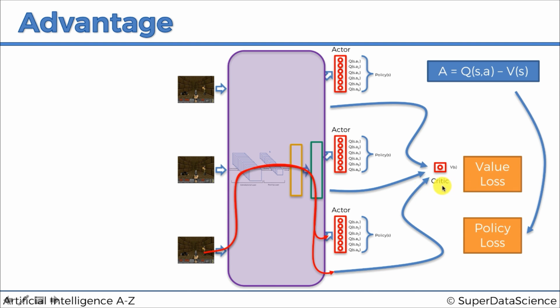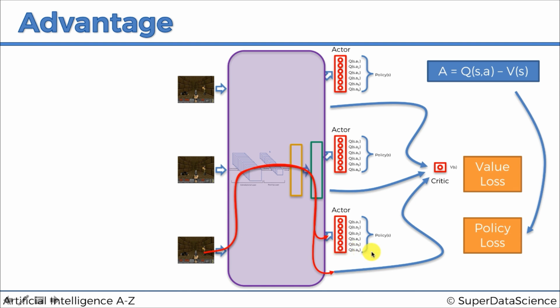So the whole A3C algorithm says, okay, the critic knows a V value. How much better is the Q value that you're selecting compared to the known V value? That's what it's saying. So I'm going to select a Q value here based on my policy, like a softmax function or an epsilon greedy policy or something like that.